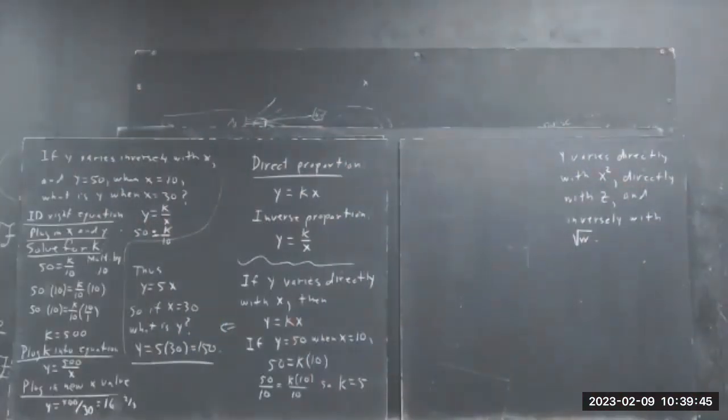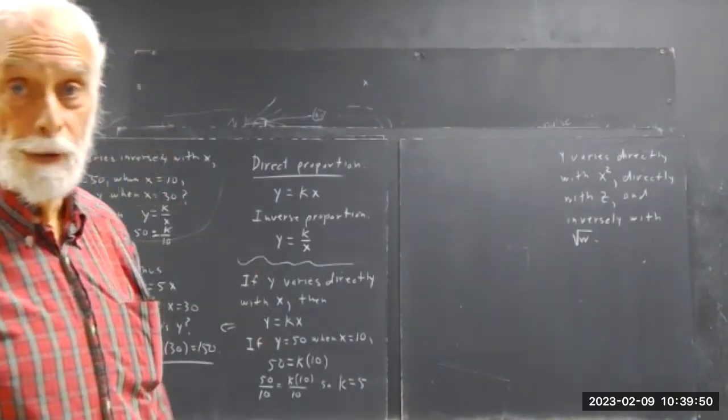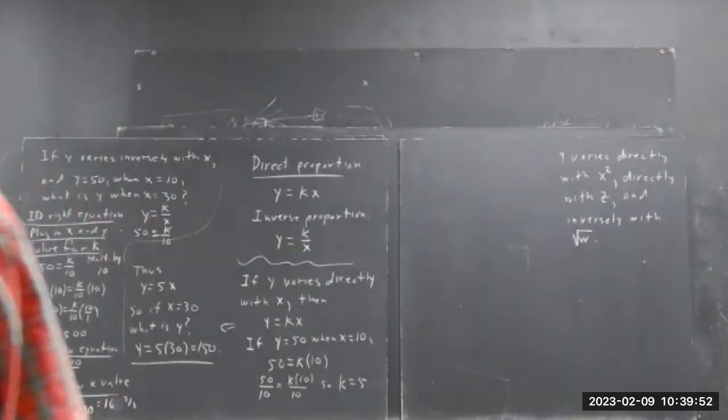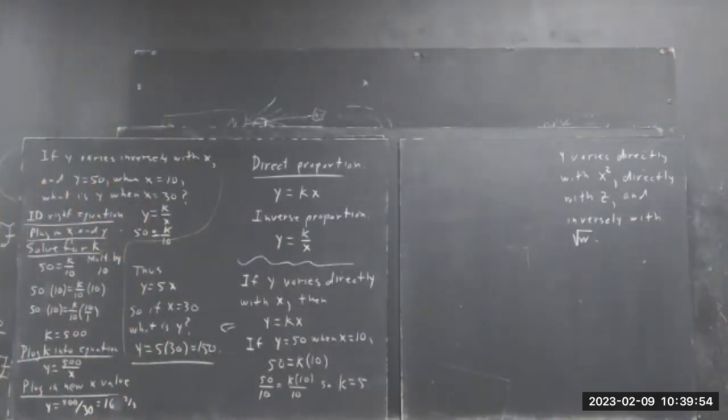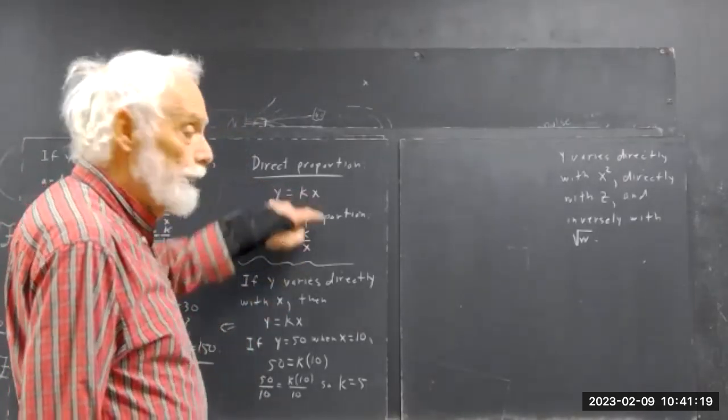It does that because we've seen what direct proportion means. We've seen what inverse proportion means. You're probably going to write something wrong. That's all right. We'll correct it. And if you don't write anything wrong, that's even better. So this equation here says Y equals Kx.